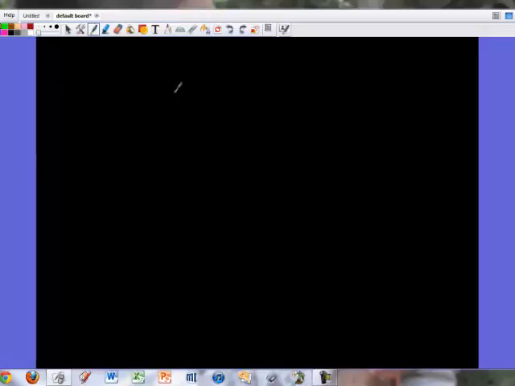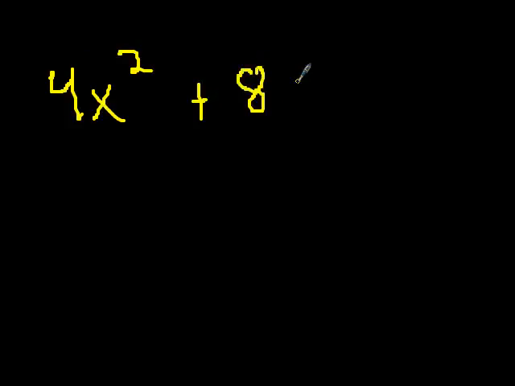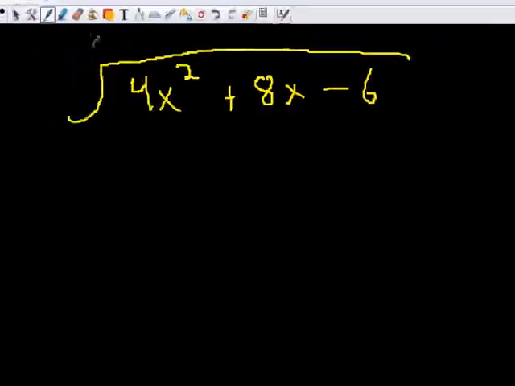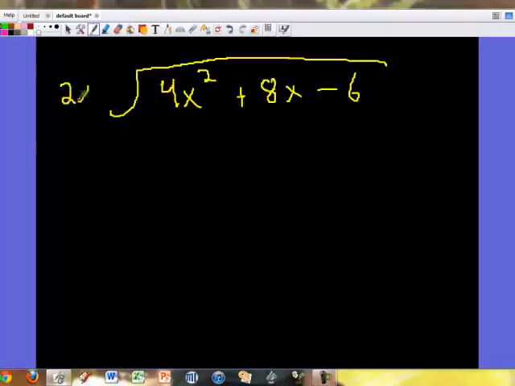Let's try an easy one here real quick. All right, this time we are dividing by 2x plus 1. So the x actually has a number in front of it.